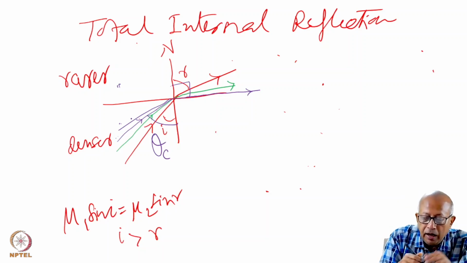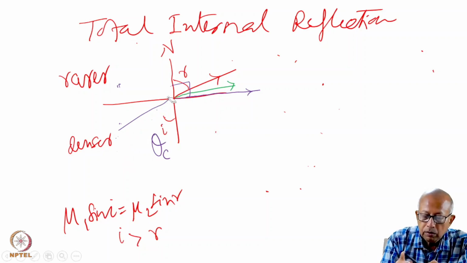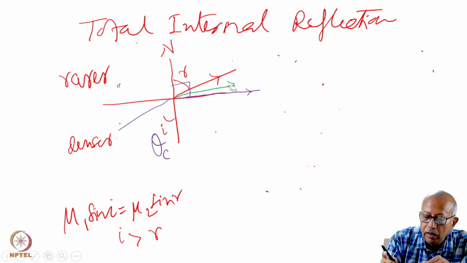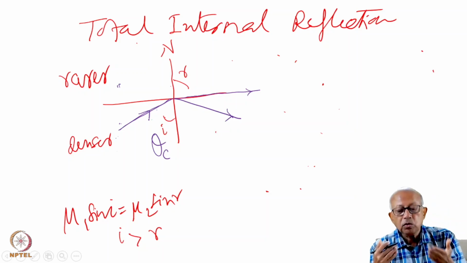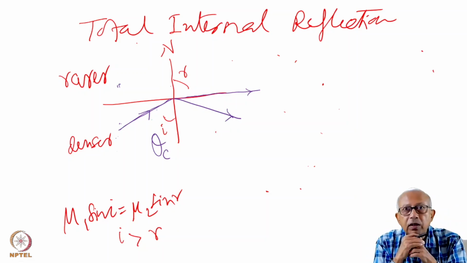The entire light would now reflect back into the denser medium, because there is no scope for the light to be refracted.